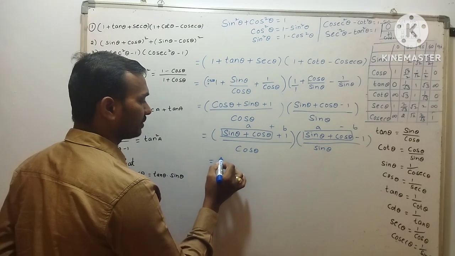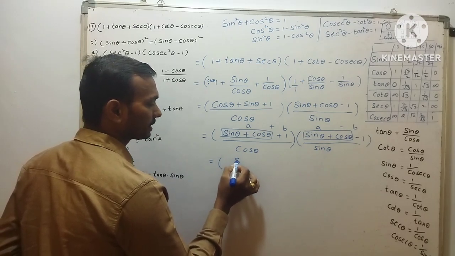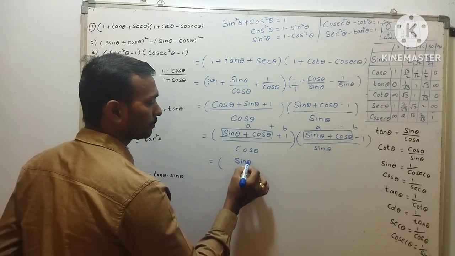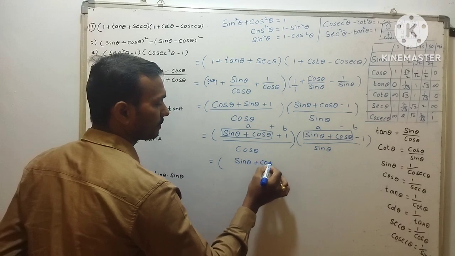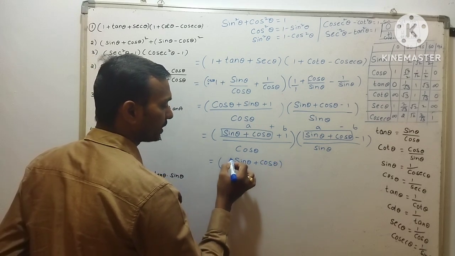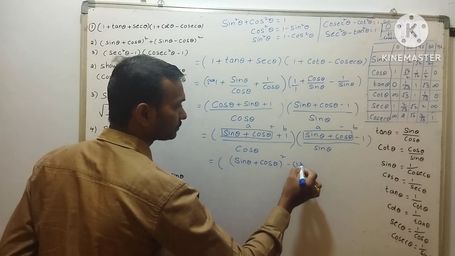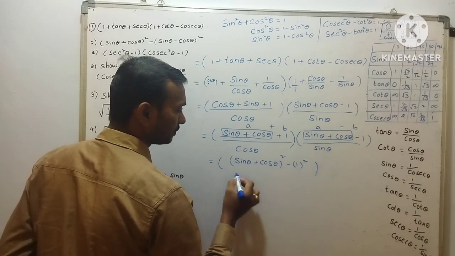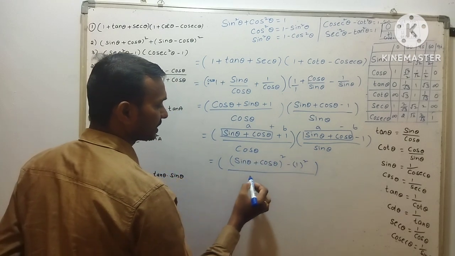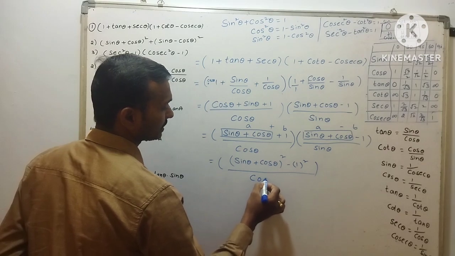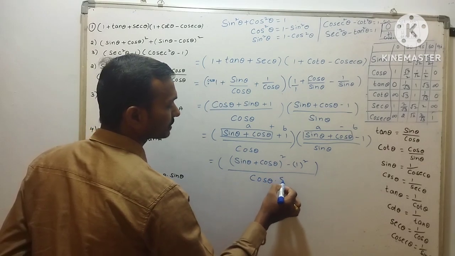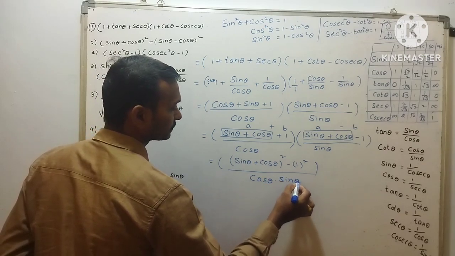Similarly, we will apply the same concept. Sin theta plus cos theta whole square minus 1 square. In the denominator, cos theta into sin theta.